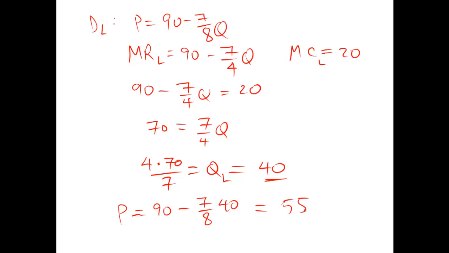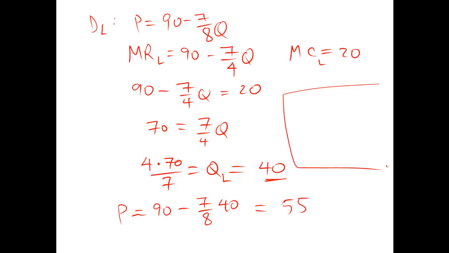Okay. Now, we're not quite done, because we'd like to think about the follower's quantity of output, and we'd like to make sure that the total quantity of output equals the leader's quantity of output plus the follower's quantity. So let's find the follower quantity of output.